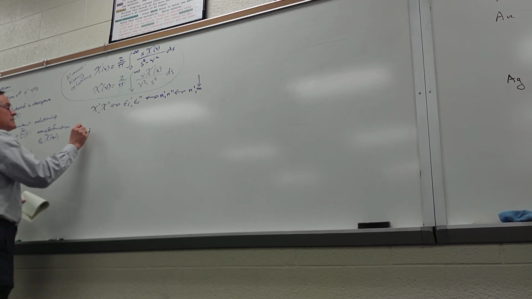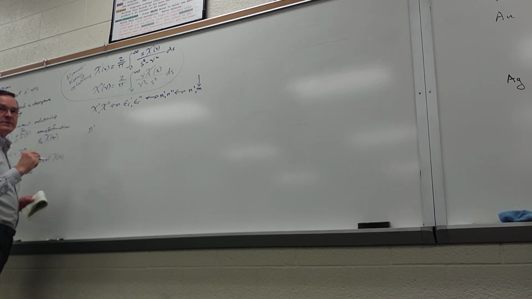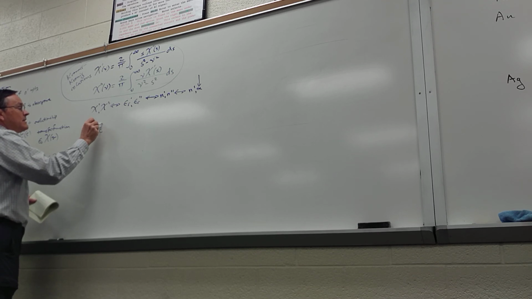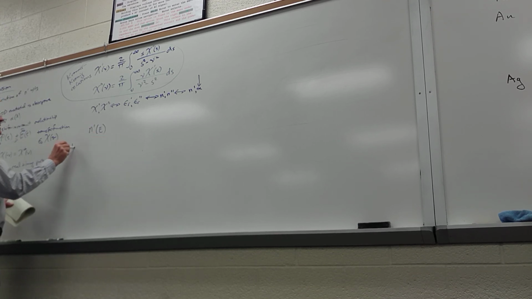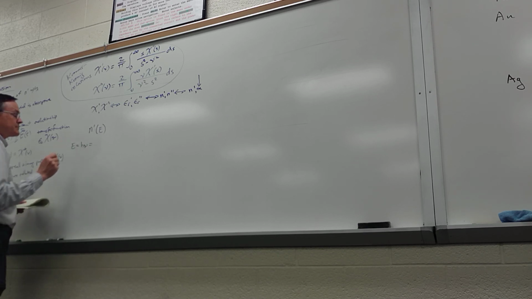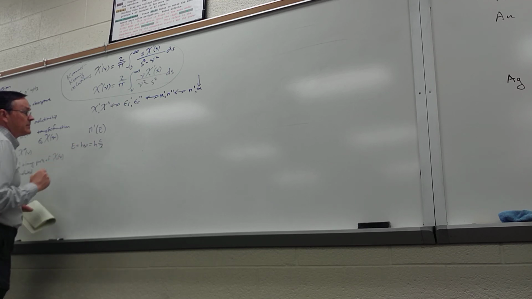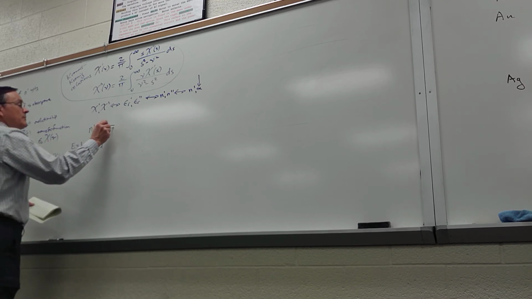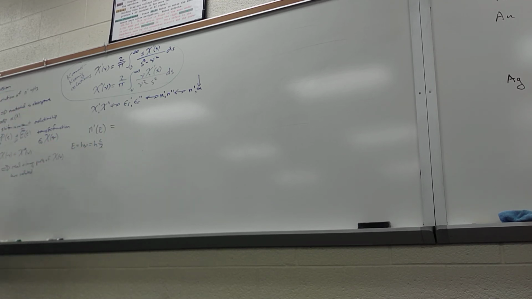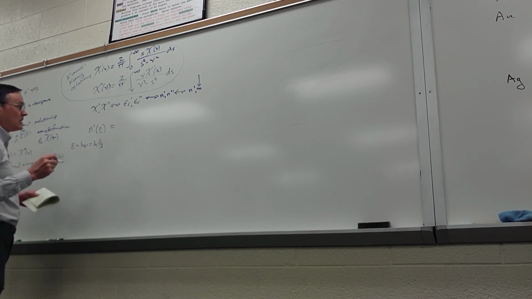So let's write the real part of the refractive index as a function of photon energy. So photon energy is just h nu, which is equal to hc over lambda. So we'll write the real part of the complex refractive index.